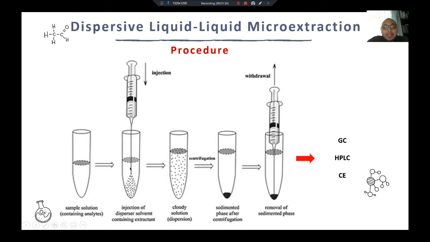We inject the extractant solvent and also the disperser solvent. You can inject the disperser and the extractant together; usually we mix them beforehand. For example, your solvent is benzene and your disperser is acetone. Later we will look at the characteristics of the disperser and the extractant solvent. You inject both into the sample, and because of certain characteristics of the disperser, the solution will look cloudy.